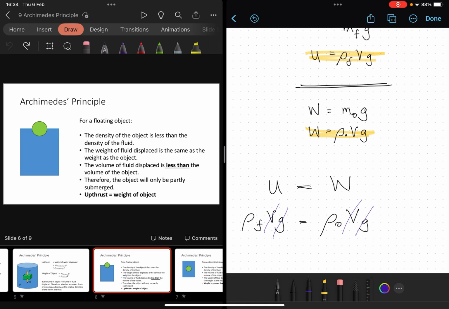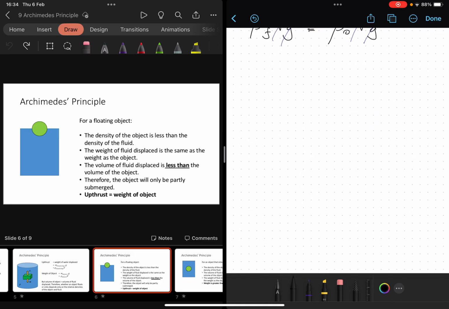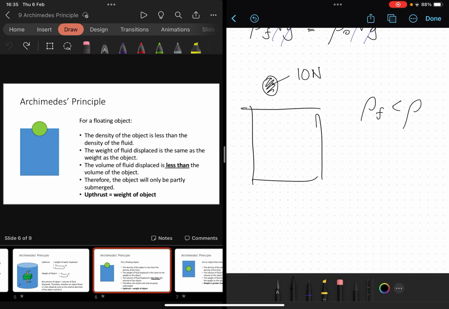So let's imagine that the object that we're about to drop onto the surface of that fluid has a weight of 10 newtons, and there is the fluid. Now, if that object is going to float on the top, then presumably the density of the fluid is less than the density of the object.